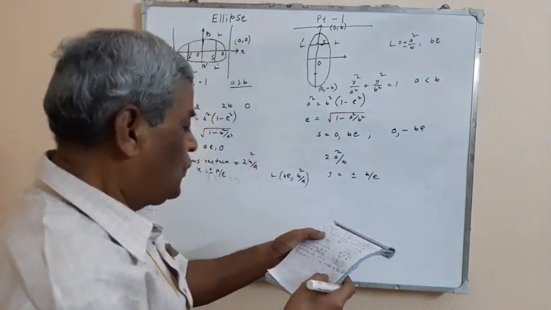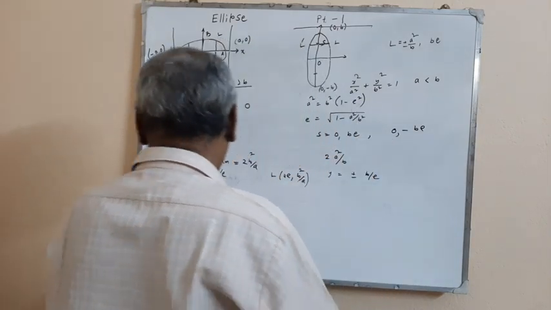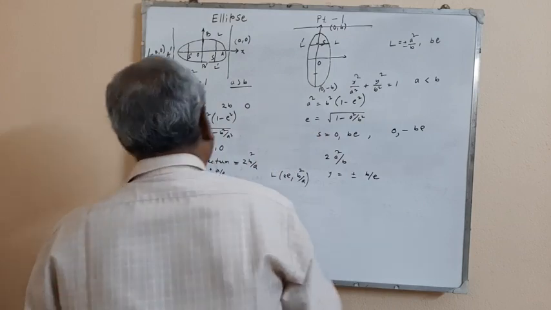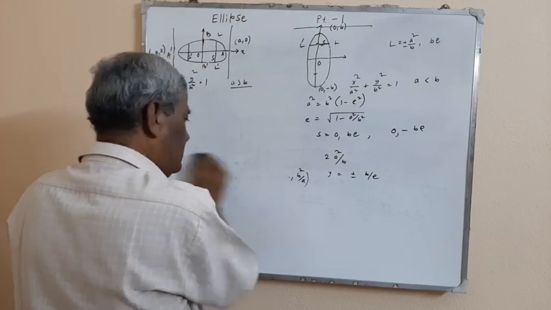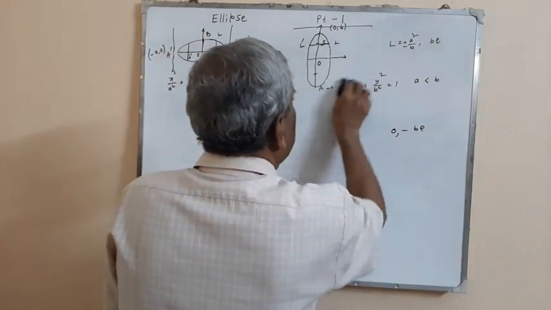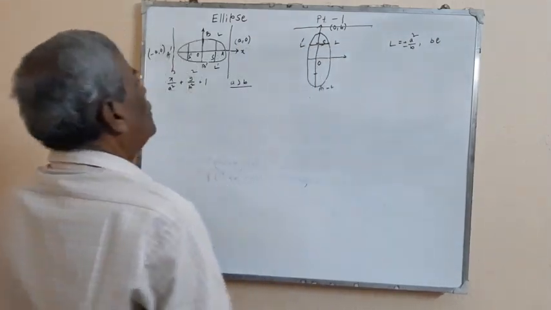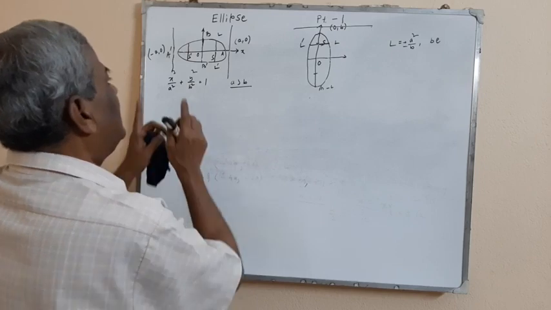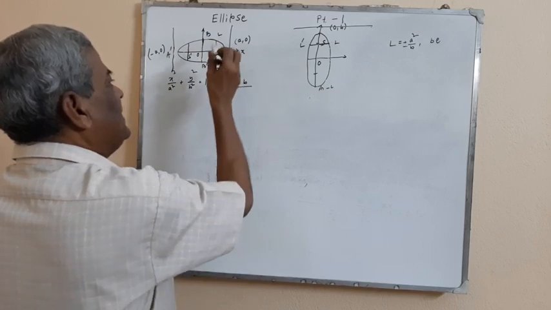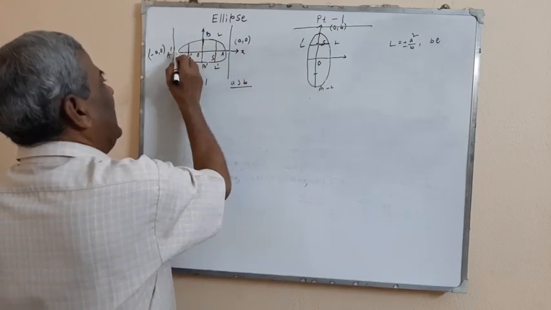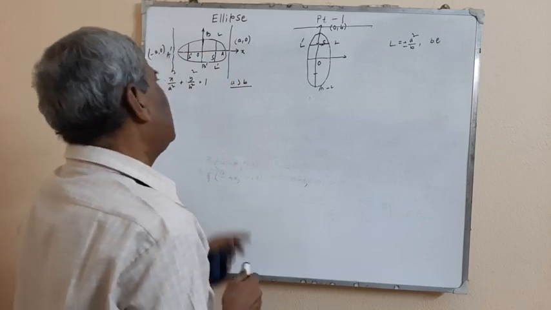And the equation of the auxiliary circle. Auxiliary circle is a new concept here. For any ellipse, if a circle is drawn whose diameter is the major axis of the ellipse, that is, it is passing through A and A dash, and its center is at O, then that circle is called the auxiliary circle of that ellipse.